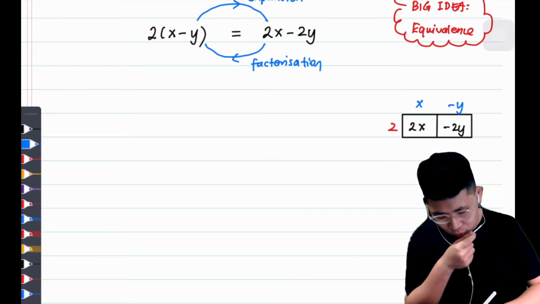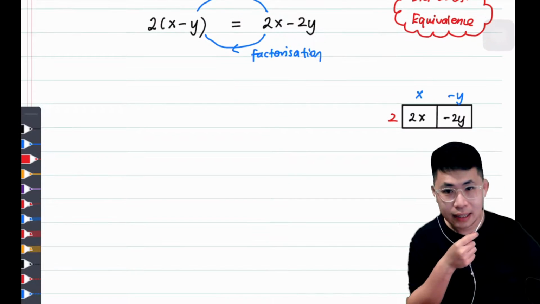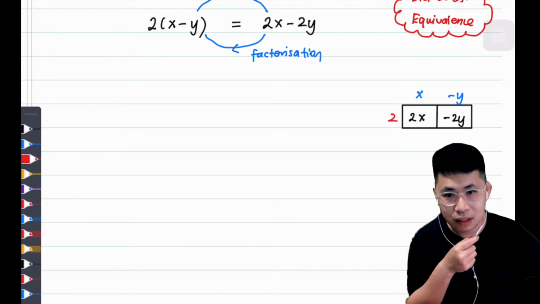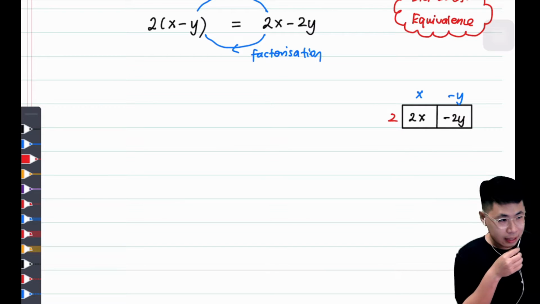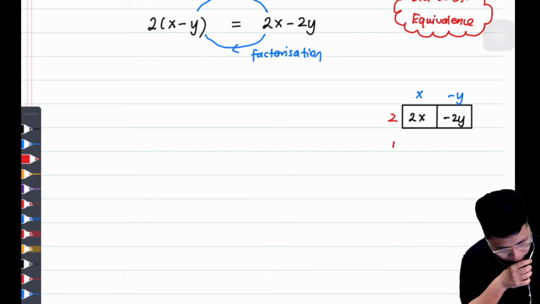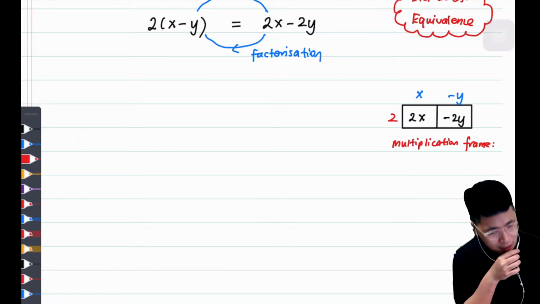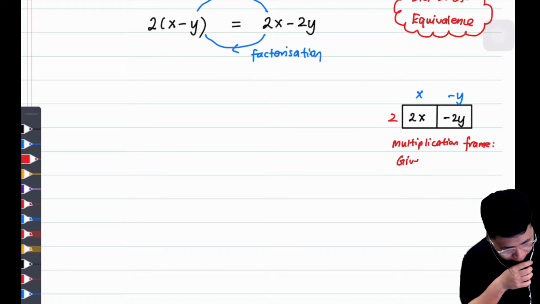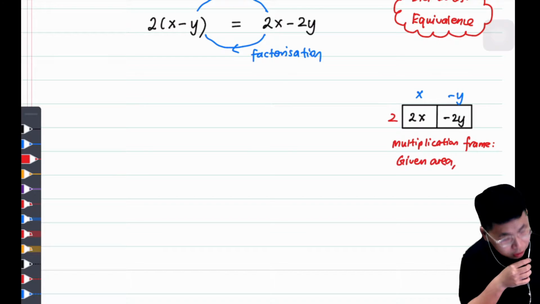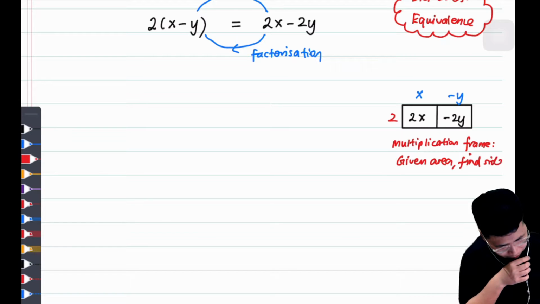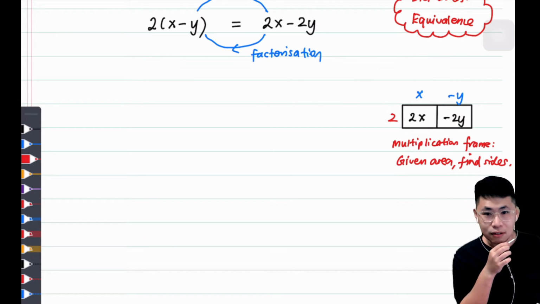For this one, the thinking is that another way to think is actually using the multiplication frame. Given the area, we are going to find the sides.